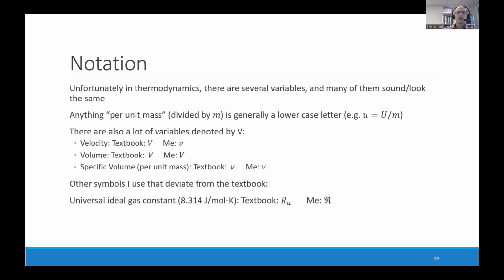We will see this later in this course, but there are a few different versions of the ideal gas constant. In this class, we will use R for a different version of the ideal gas constant, and therefore the textbook uses R sub U as its universal value of R. I use this fancy looking R as the same value of 8.314.